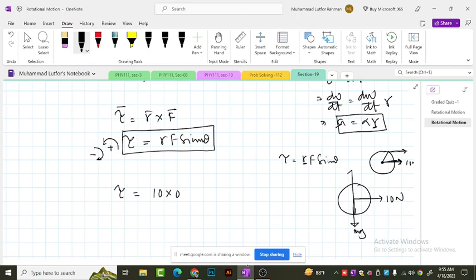This is my normal reaction force, and this is my frictional force. Right, so for 10 Newton it is going to be 0, plus mg, that would also be 0 because mg is also acting at the center, plus the normal reaction force would also be 0.